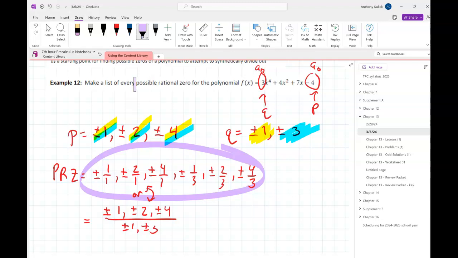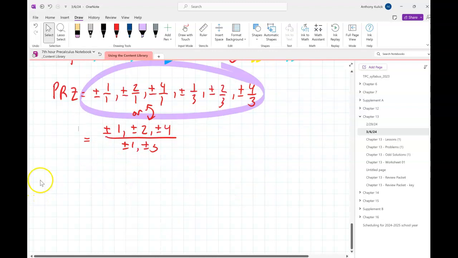How many divisions would be at most what I have to do before I found a factor? How many numbers are on that list? There's 12 of them, right? So maybe I'd have to do up to 12 synthetic divisions before I found one that gave me a zero remainder. Can we do any better than that, Mr. Kulik?